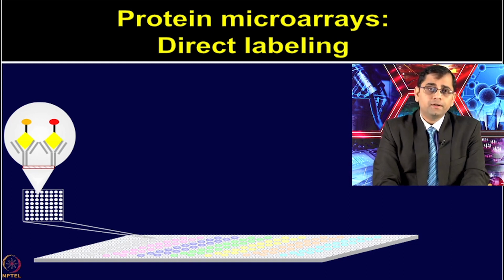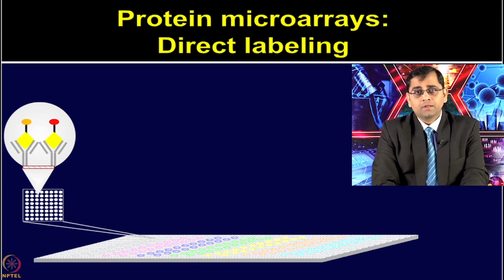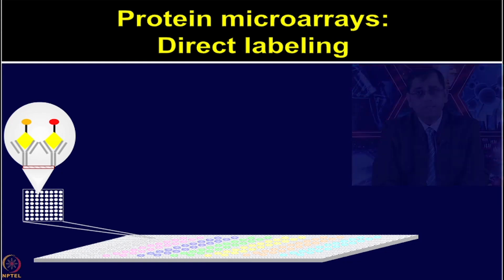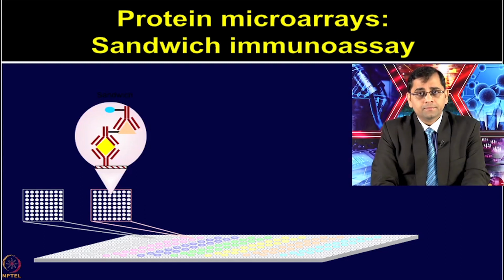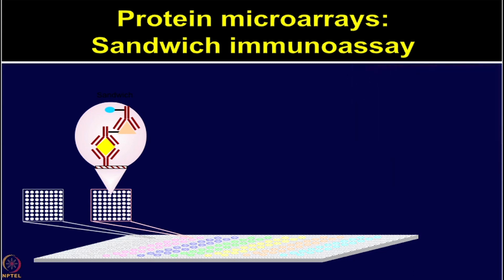The one shown here in the slide shows direct labeling, where the target proteins are labeled with fluorescence or another tag, which allows detection after capture by the antibody immobilized on the array surface. What is shown here is the sandwich immunoassay, in which the target protein is captured by an antibody followed by detection with a labeled secondary antibody.